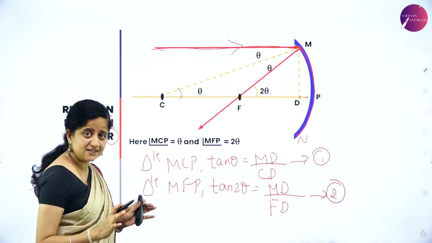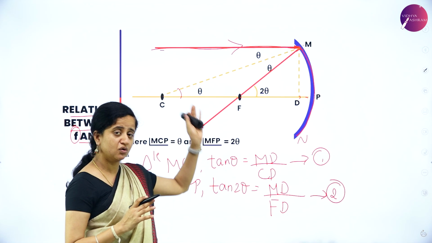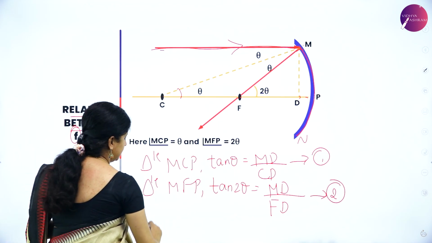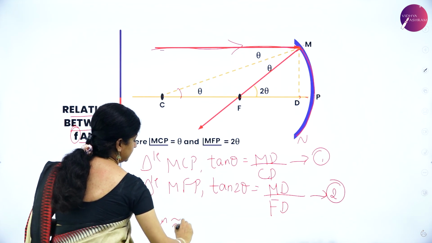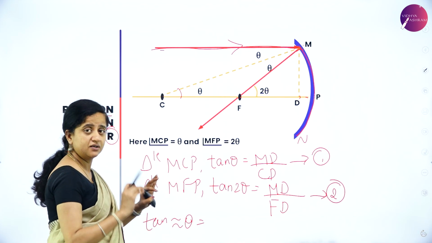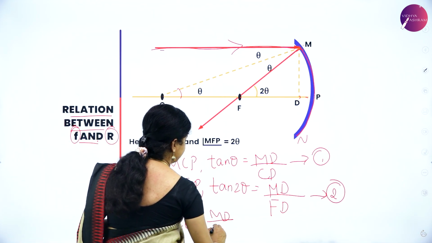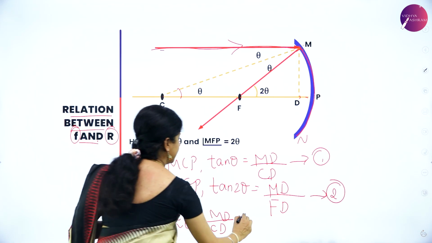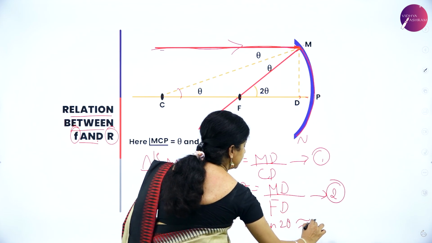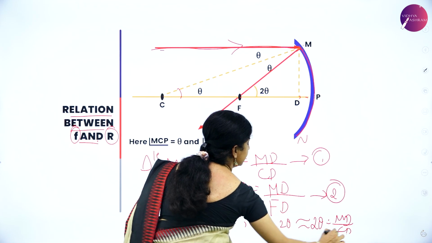Now, for paraxial rays, which means the rays which are very close to the principal axis, tan theta will be equal to theta. We are just dropping the tan function because the angles are very small. So, theta is equal to MD divided by CD and tan 2 theta is nothing but 2 theta, which is equal to MD divided by FD.